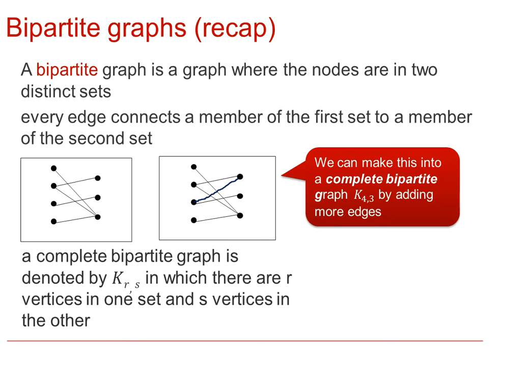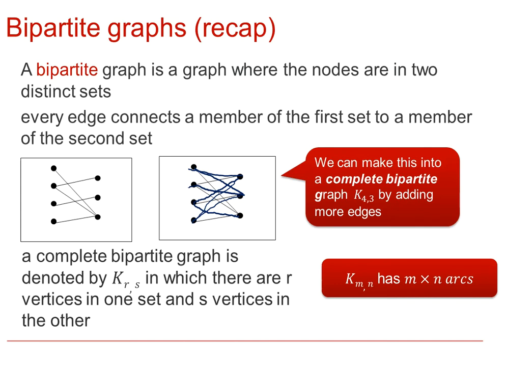So the vertices in this set have to connect completely to all the vertices in the other set. Noting that complete bipartite graphs K_MN have m times n arcs, there should now be 4 times 3 or 12 arcs on that diagram.